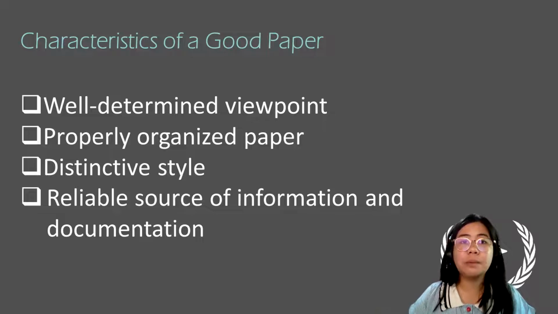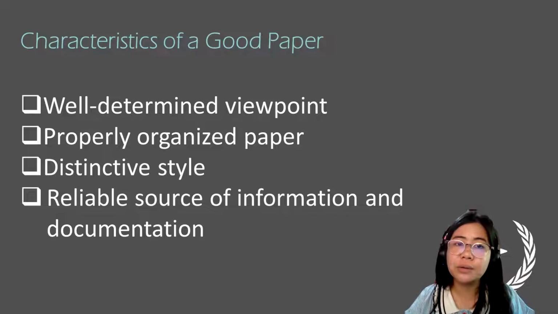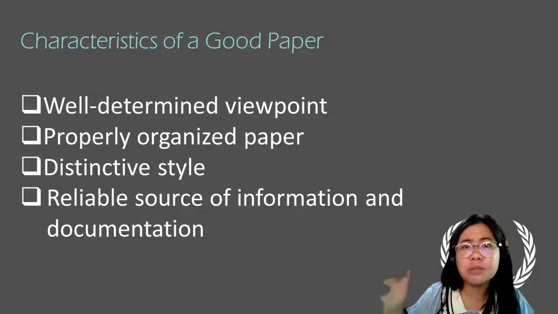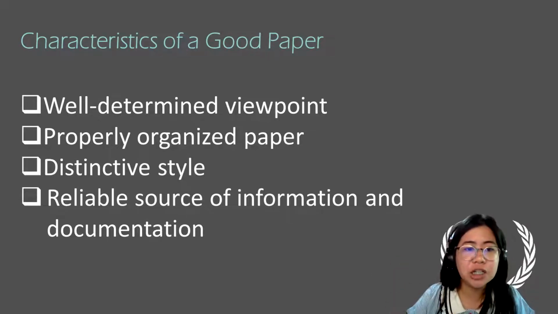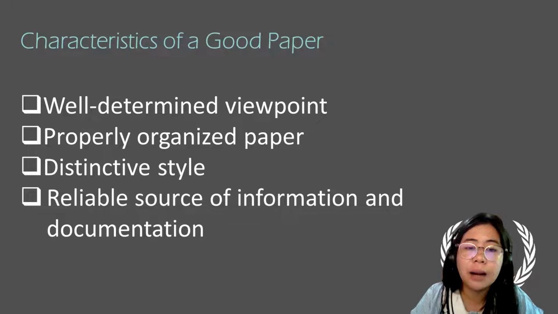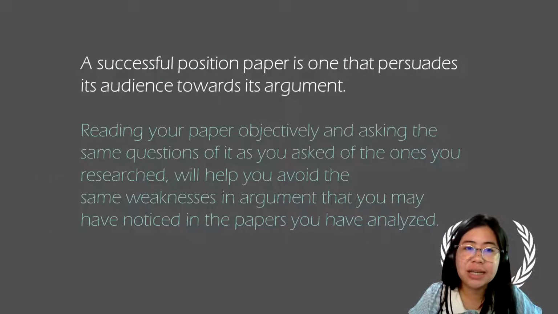So that's why it's important that you also cite the position or stand of other researchers, and especially those who do not agree, to show a credible argument. So you don't only present those who are just pro about a policy or about an issue. Okay, so you have to provide reliable sources of information and documentation. You may also provide pictures if that's the case.